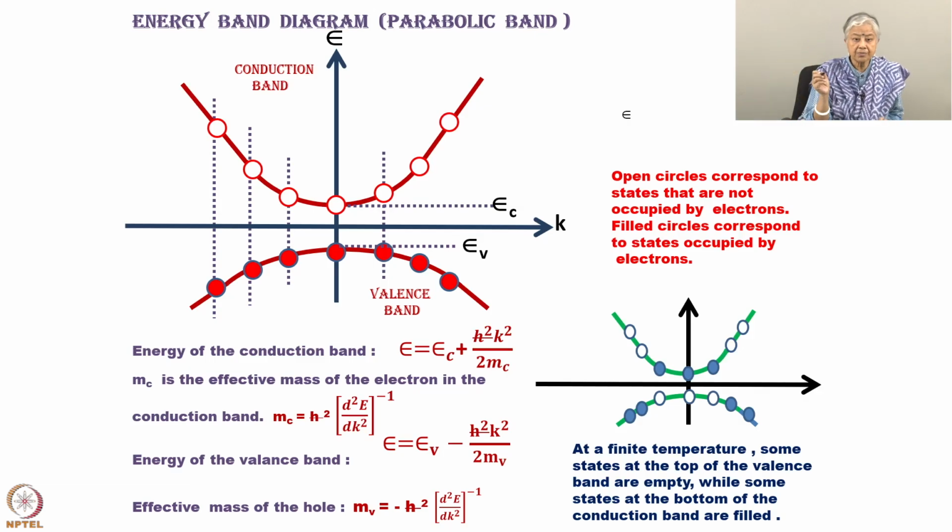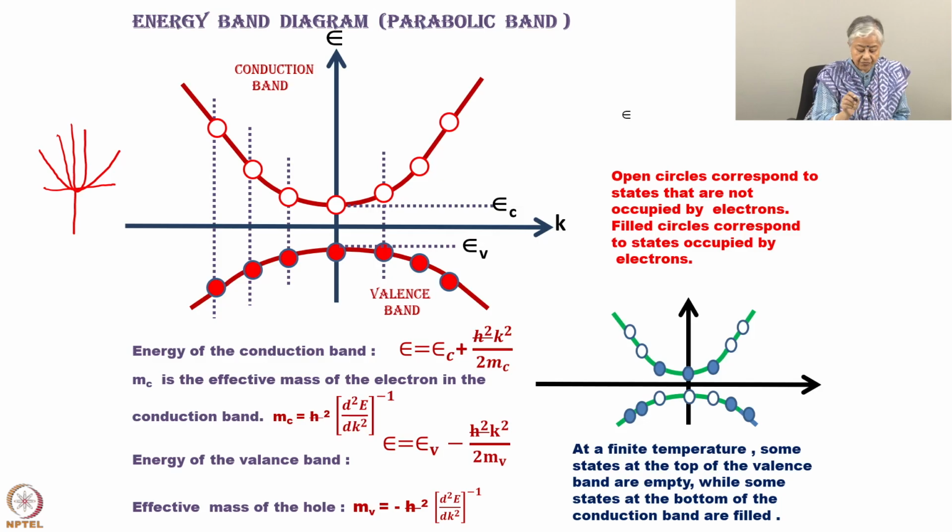I will just show you what I mean by steeper. By steeper I mean this parabola is getting like this from something like this. So, in this case the effective mass will be less, in this case the effective mass will be more.